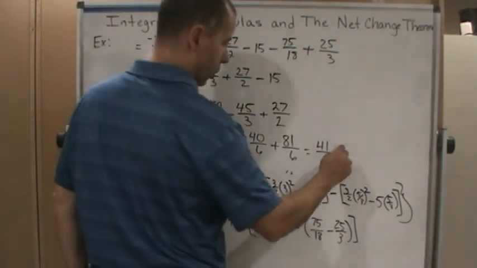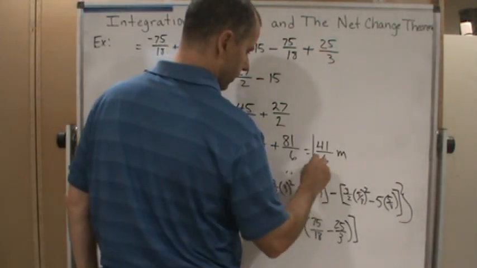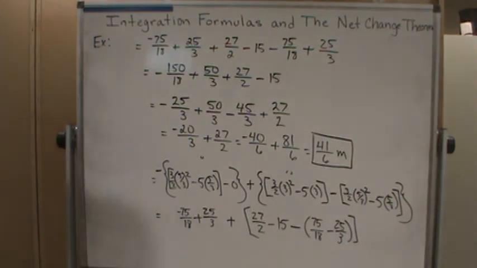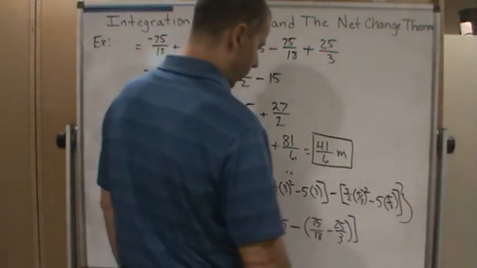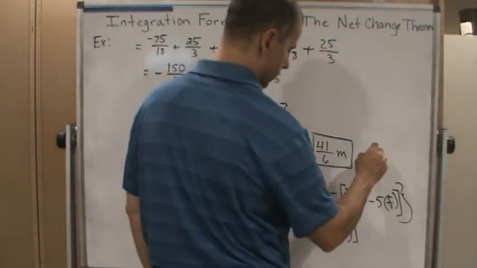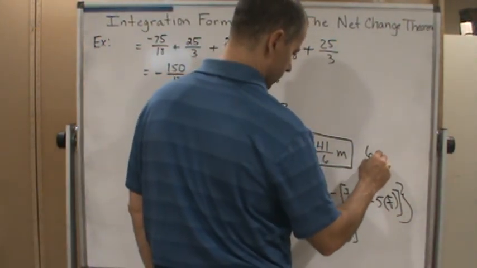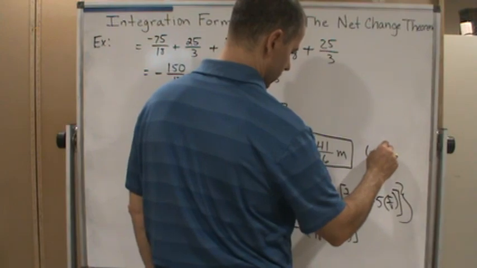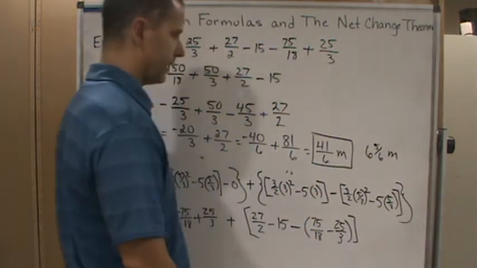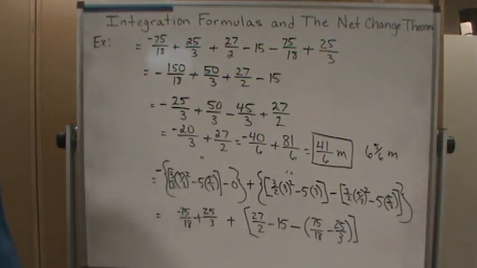So the total distance traveled is 41/6 meters, or what? This is going to be 6 5/6 meters.